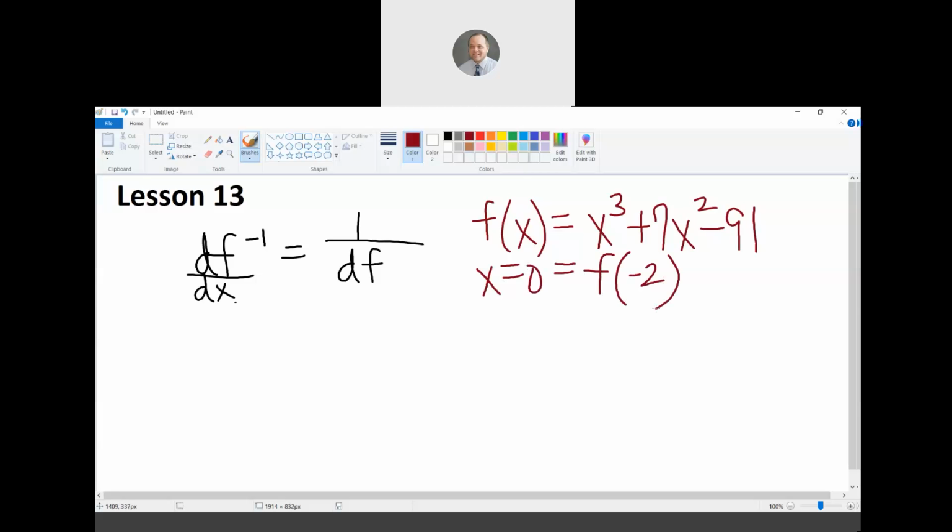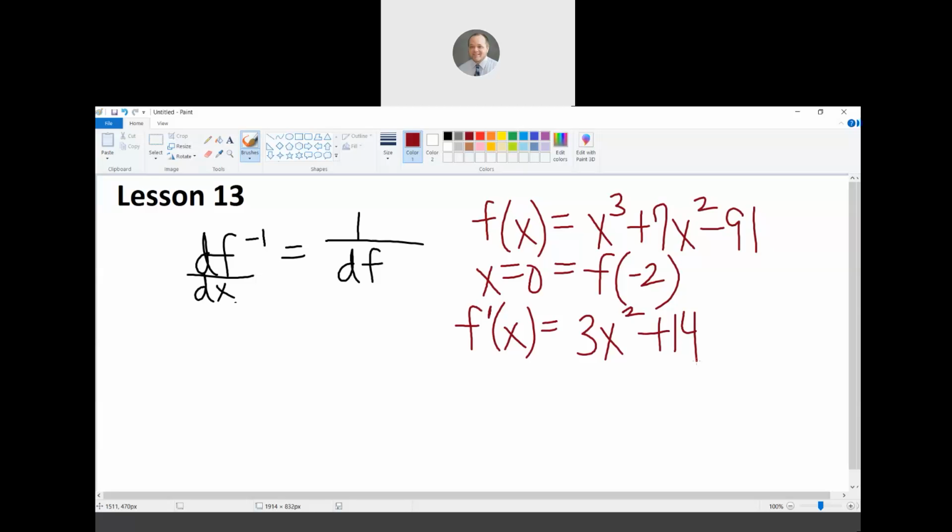First step again, before we use the inverse derivative formula, take the first derivative of your function. So f prime of x is equal to 3x squared plus 14x.